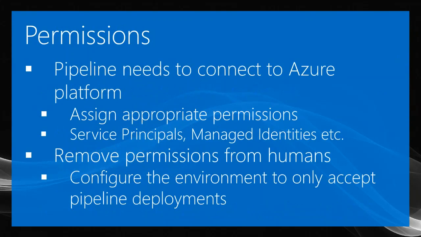All right, as I mentioned, the pipeline, or more specifically, the agent that runs the pipeline needs proper permissions. So it needs to authenticate against our Azure environment. There are multiple ways to do so. For instance, you could use service principals or managed identities or something. It depends a little bit on the platform you use and also the type of release you're planning.